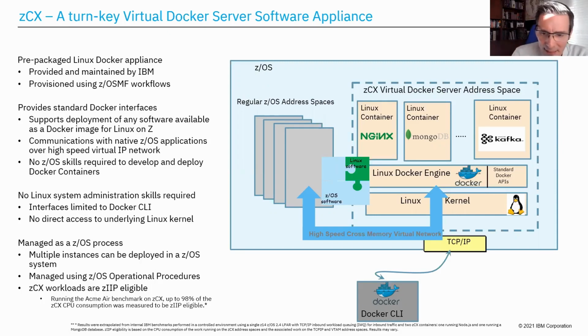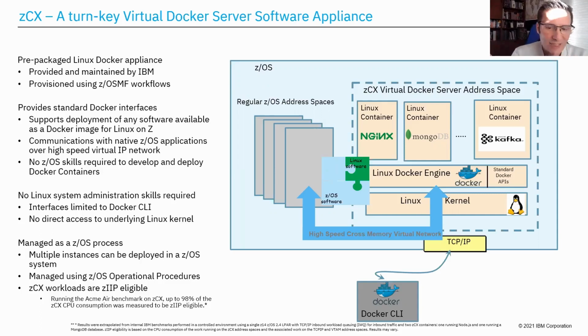An important point to make here is that because this is a prepackaged appliance, the Docker admin can do Docker commands and has some amount of traditional z/OS Unix shell commands at its disposal, but it does not have direct access to the underlying Linux kernel because it's an appliance and it's maintained by IBM. We can't have you mucking around with some of the internals of the Linux operating system. And so there are some controls to limit the access.